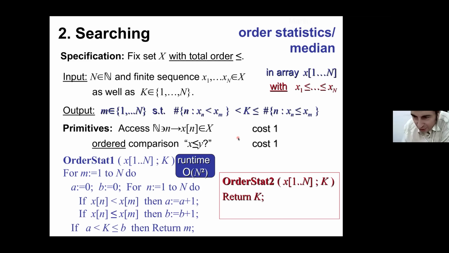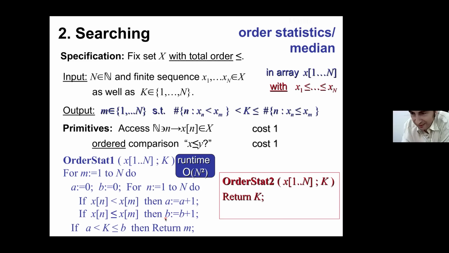And then there were two algorithms which we discussed. One was the quadratic runtime naive algorithm. Okay, so this was simply to evaluate these numbers for every m, and then if k is between the two, you can simply output m.